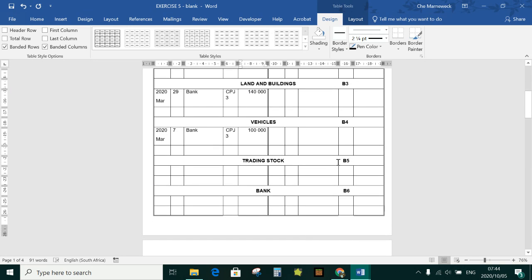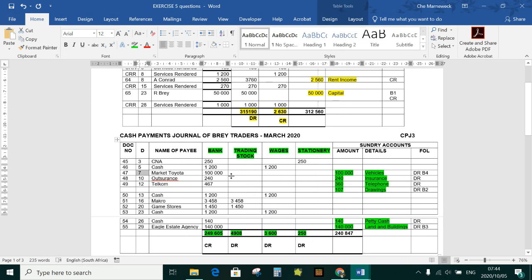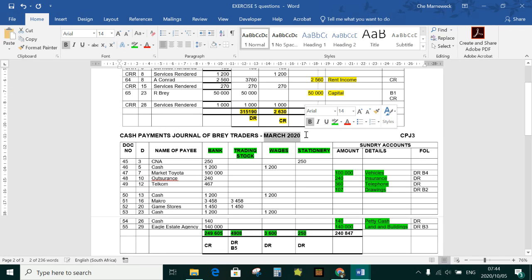Then move on to trading stock, which is going to be B5. So, there we go. Trading stock is a column. So that's B5. When it's a column, we take the total amount on the last day of the month. We need to think how many days are in March. Well, January is 31, February is less, March is 31 again.